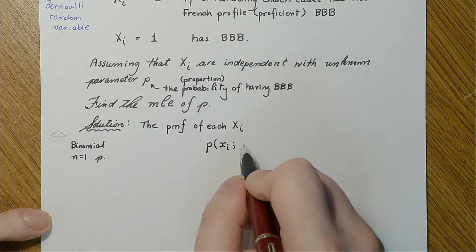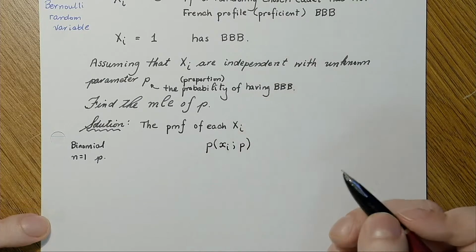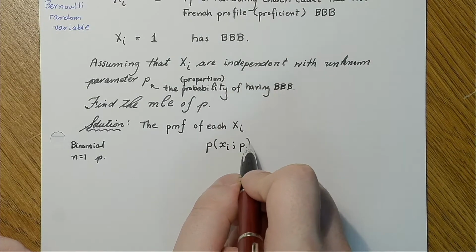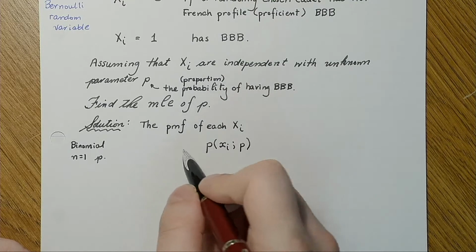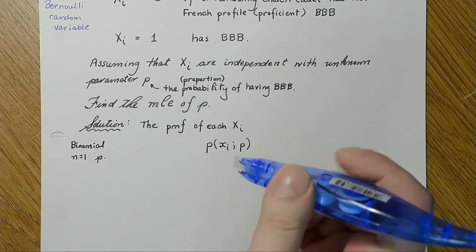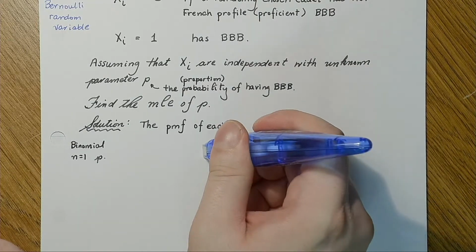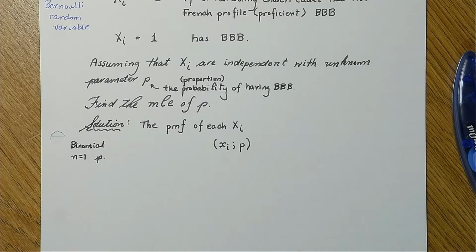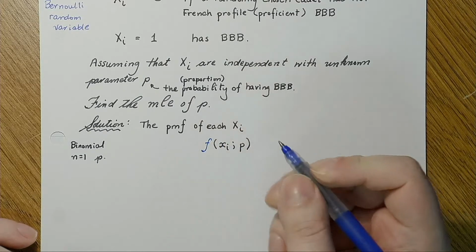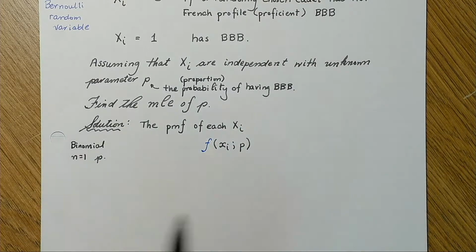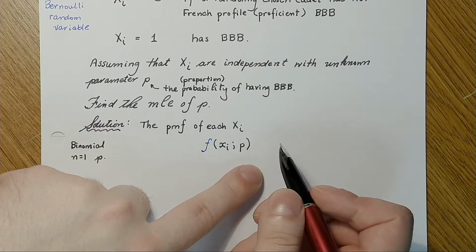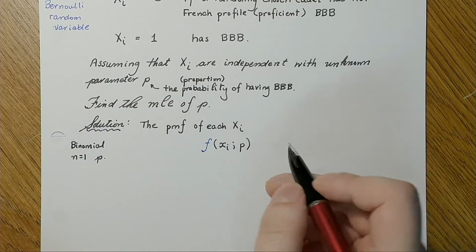I know I'm supposed to use p for the PMF because it's a probability mass function, but for the time being, let's not use that p for the probability mass function. I'm just going to use f. So f is our function here, okay? Just to make sure that I'm not confusing the p of the PMF with the p, which is the proportion of having BBB.